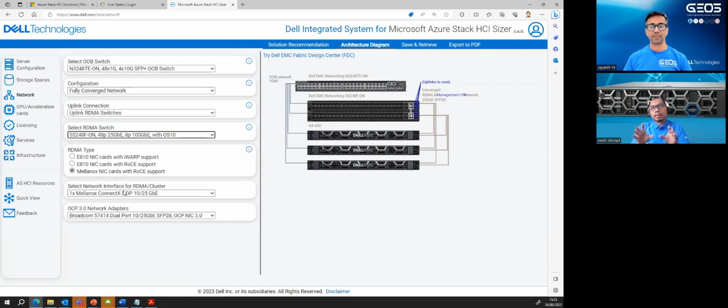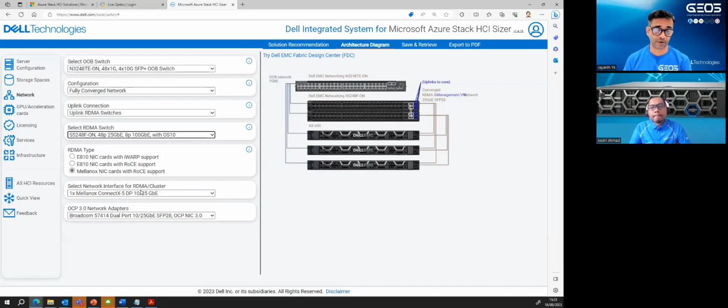The E810, the latest one, is capable of being deployed with different protocols for RDMA, whether it is iWARP or RoCE. But for most performance reasons, we use RoCE as a standard. If you have a different standard in your data center, we can provide whichever is your preferred protocol.